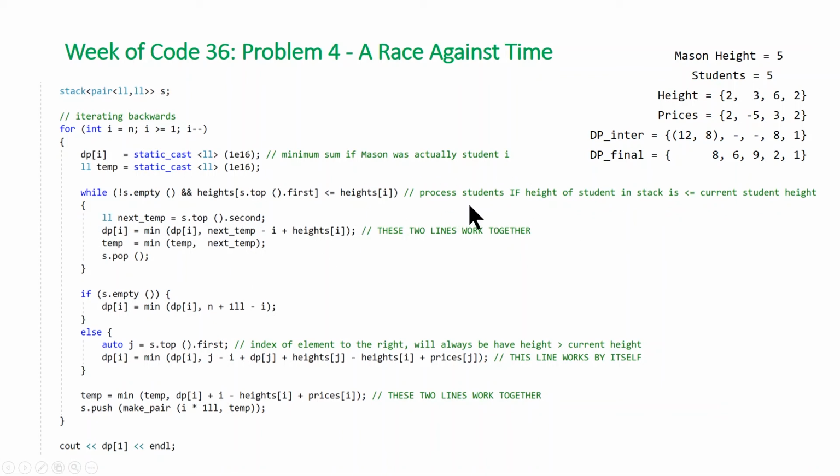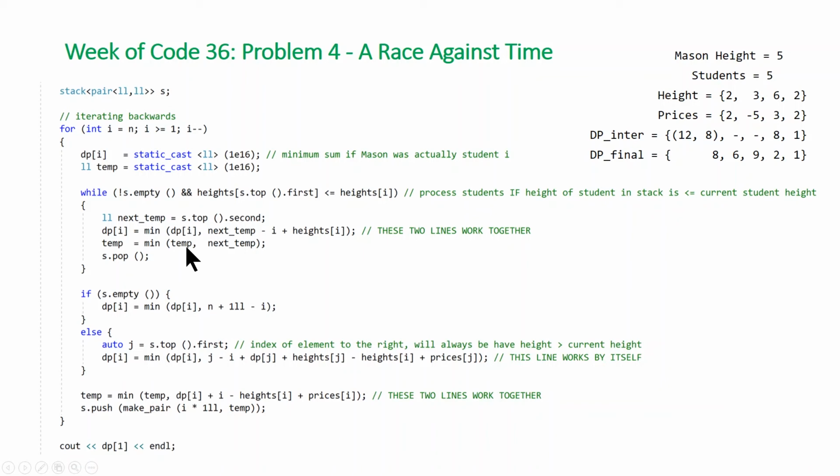We're in this loop, once again, we're processing students if the height of the student in the stack is less than or equal to the current student height. And the only other thing to note is in the case where we get to Mason, he's being processed now, and the two students to the right of him have heights that are less than his.